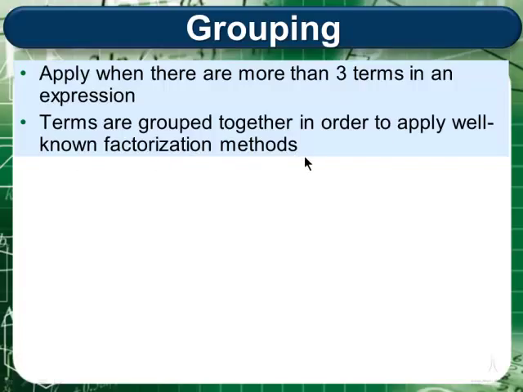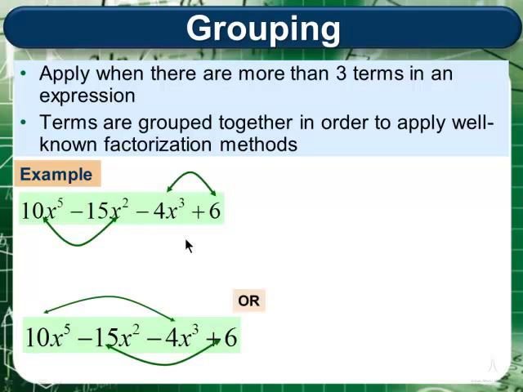The only one that we know of at this stage will be the common factor method. We will also discuss other methods later on in this video. So let's have an example which demonstrates in a classical way how grouping, the factorization technique called grouping, can be applied in the case where we have 4 terms that we start out with.